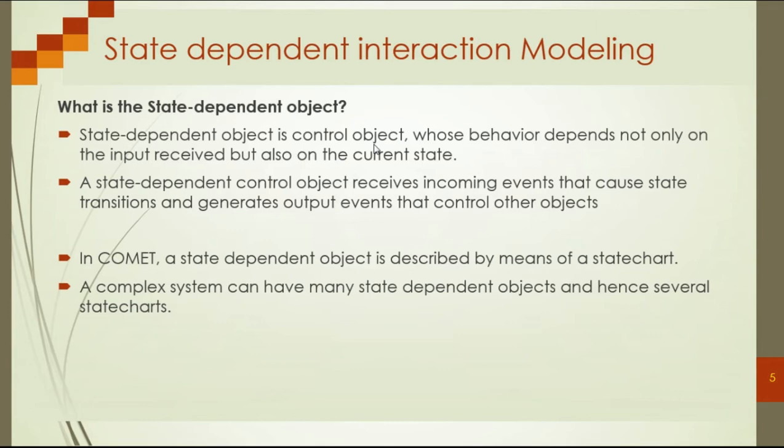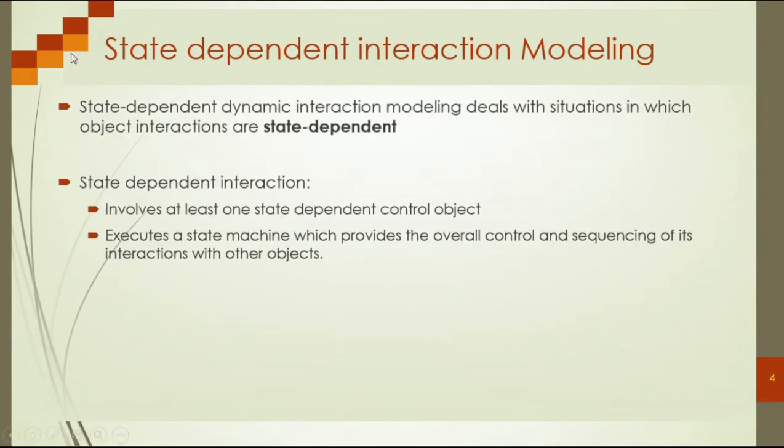Another thing: the state dependent control object receives the incoming events that cause the state transition. If you see in the previous slide, we said it also executes a state machine.